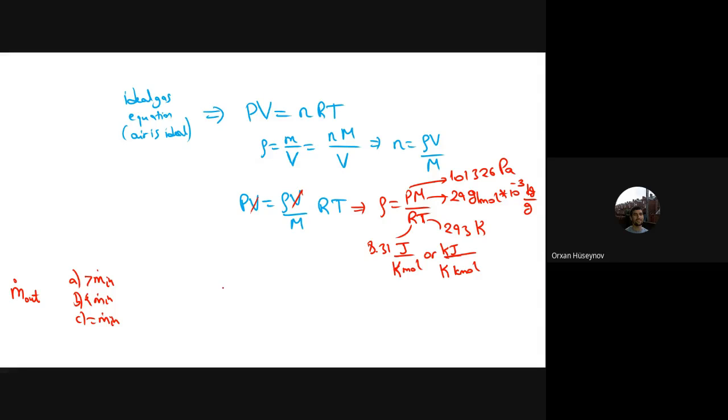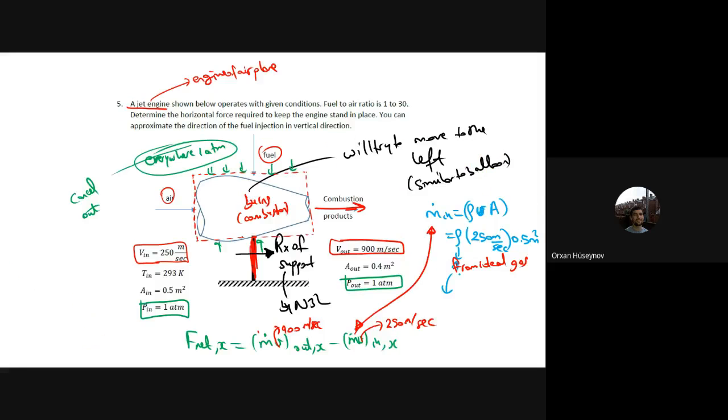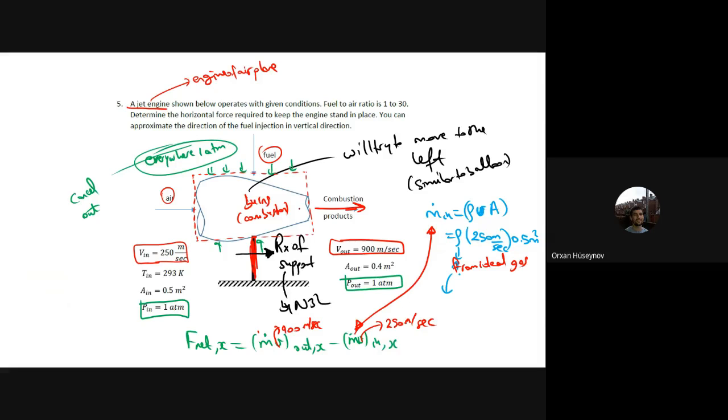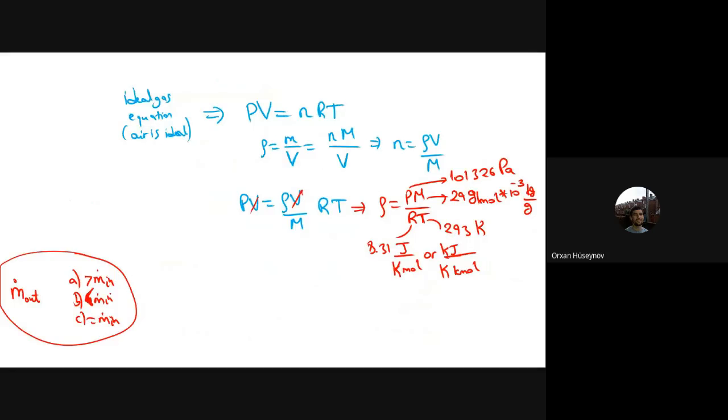This is a question for you. So what is the m dot out value? It is the same as m dot in at inlet, less than m dot in, or equal to m dot in. You have A, B, C options. Write your options. Tell me what you have got. A is greater, B is less, C is equal.